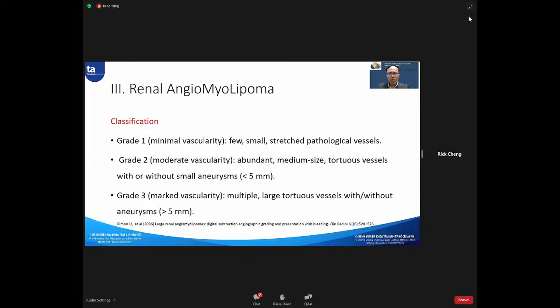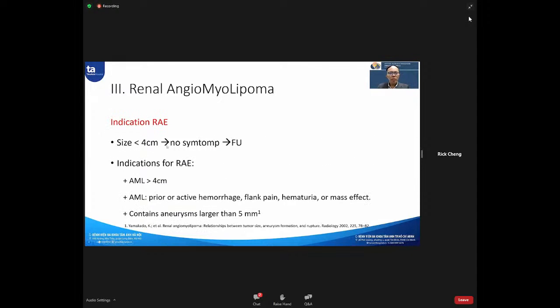If the aneurysm inside the AML is less than 5 millimeters, there is less risk of rupture, but if the aneurysm has a diameter larger than 5 millimeters, it has a high risk of rupture.